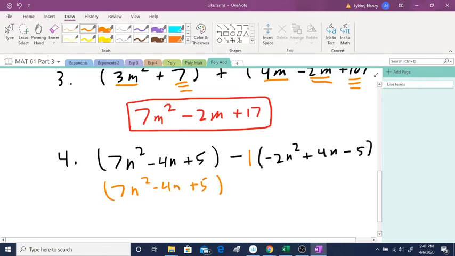But now I'm going to say negative 1 times negative 2 is a plus 2n squared. A negative 1 times a 4 is a negative 4n. And finally, a negative 1 times a negative 5 is a plus 5.